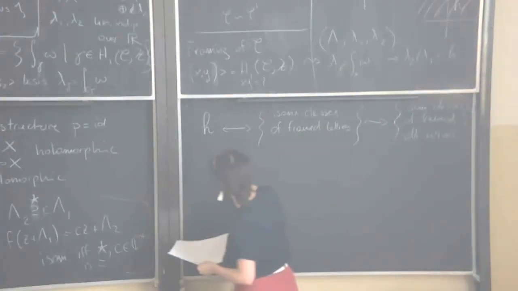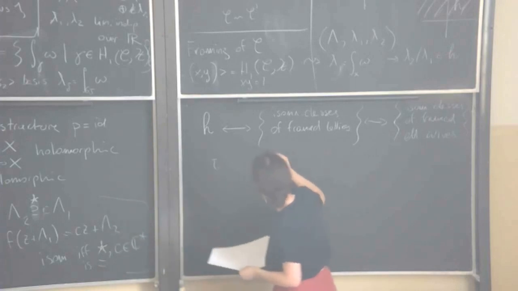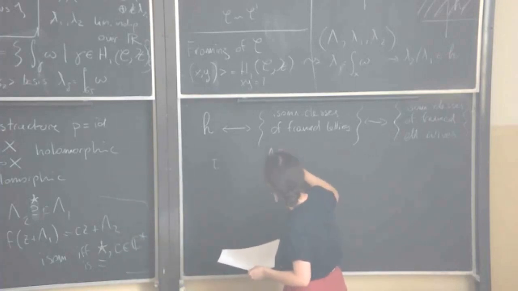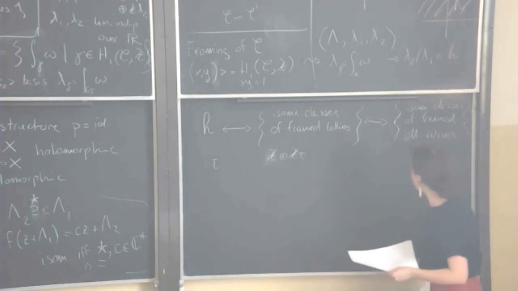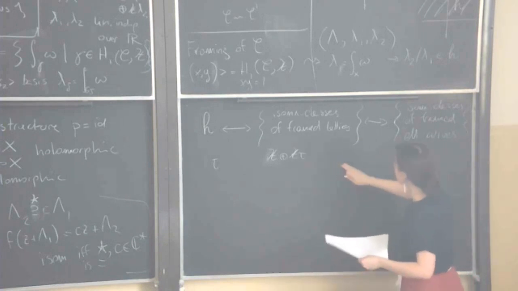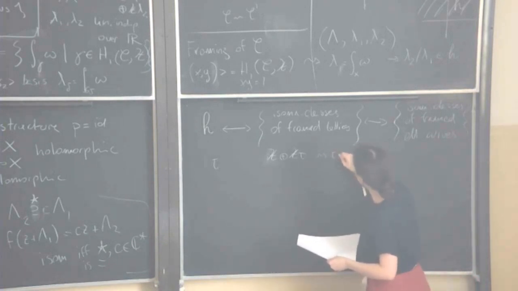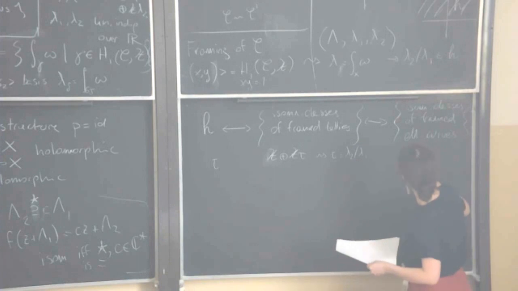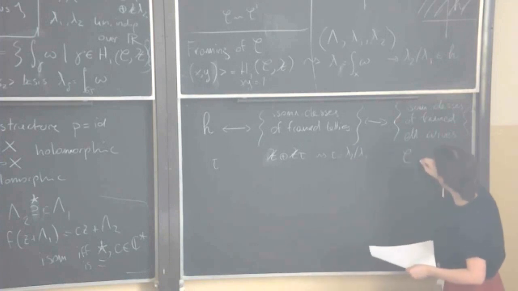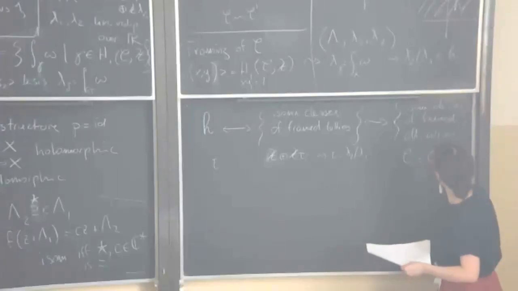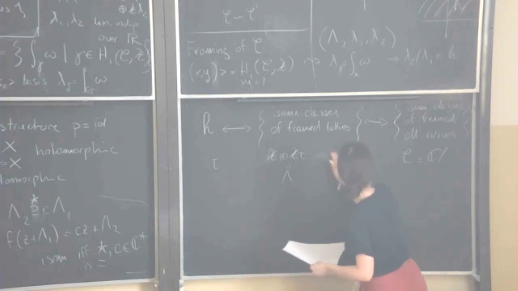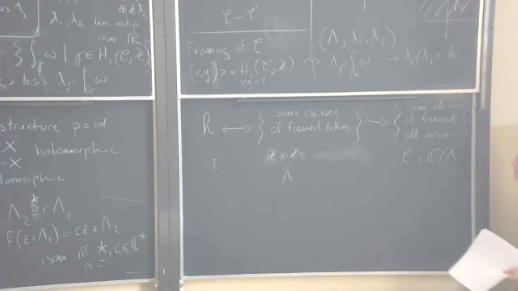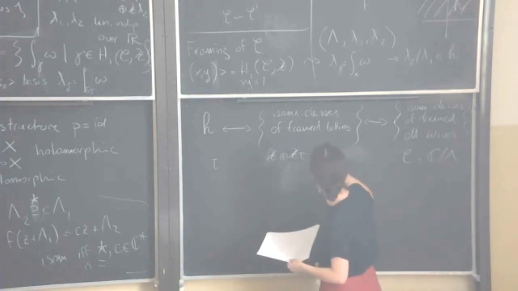With the correspondence that goes like this: here you have tau, here you have your lattice lambda, like Z plus tau Z, and here you have your tau, which is lambda 2 over lambda 1 for any lambda 2 and lambda 1 such that you have this. On this side you have the curve C, which is C over this lambda. We always have this side.